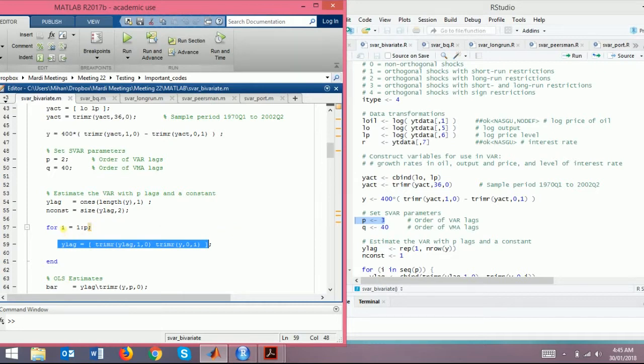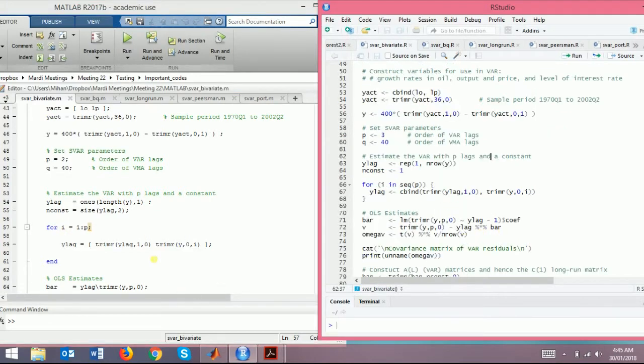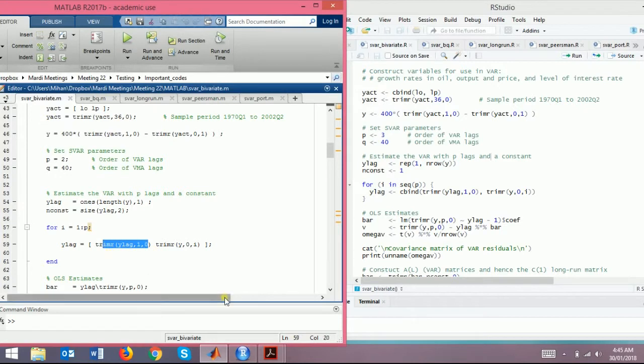So for i equals 1 to number of lags, it is a simple lag. In level we just remove the first row, in lags we remove the last.